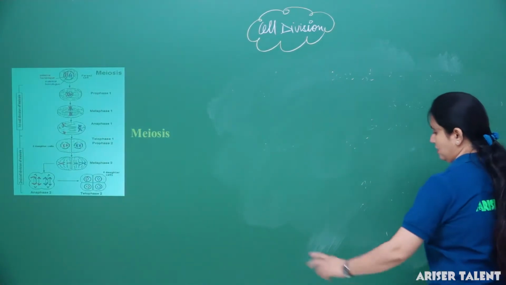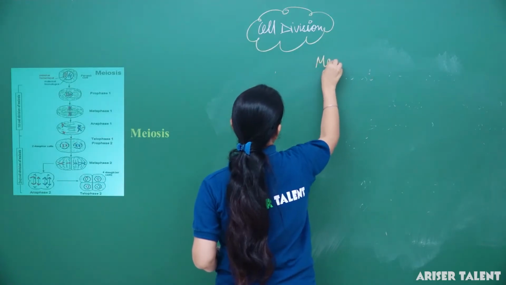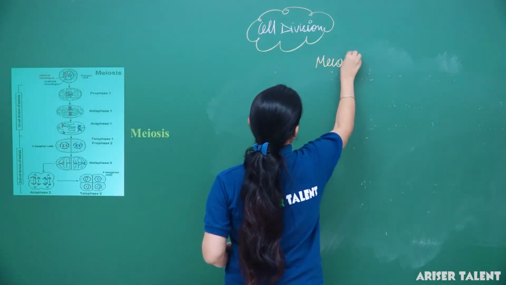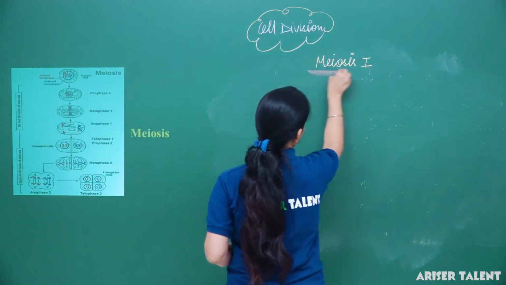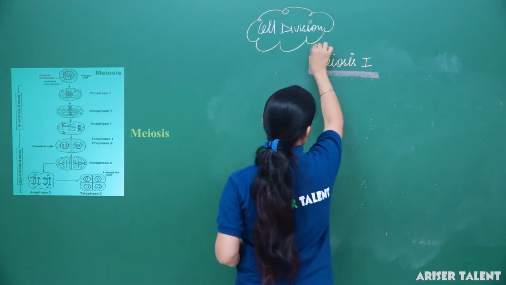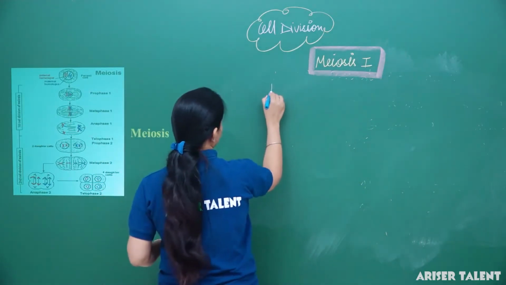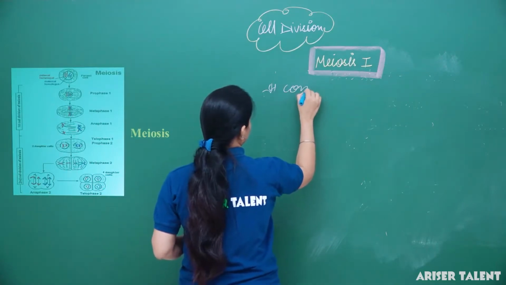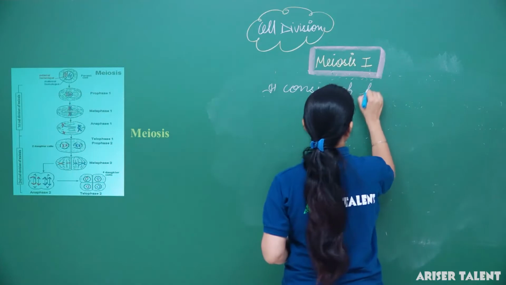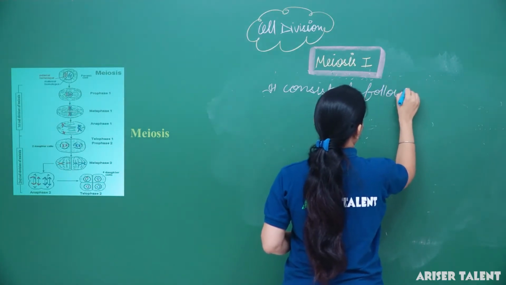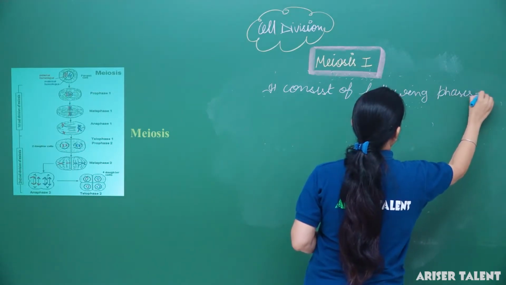Here you can see the diagram of meiosis, meiosis I. It also completes in 4 phases. It consists of the following phases. What are they?